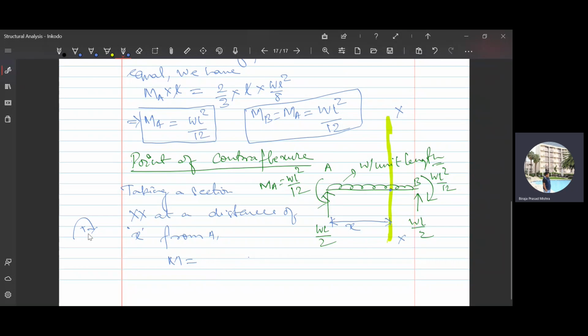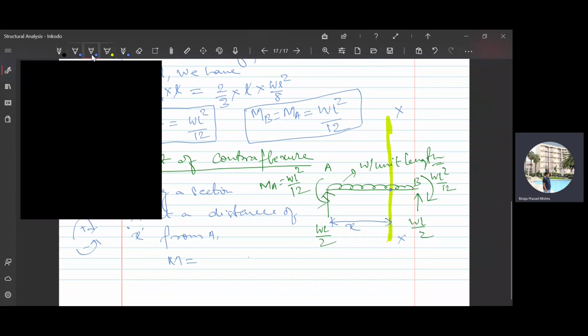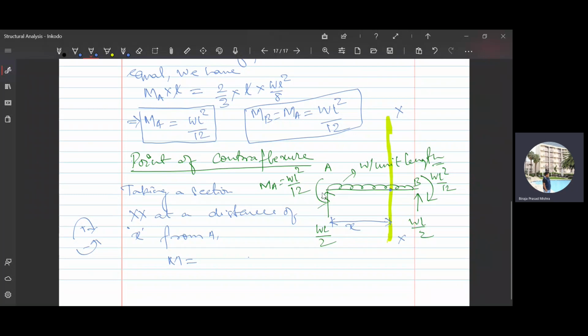Since I am taking a section here, the moment due to this reaction force, if I take the center here, will create a moment, clockwise or anti-clockwise? Clockwise. So can I write it like this? It is WL by 2 into x.